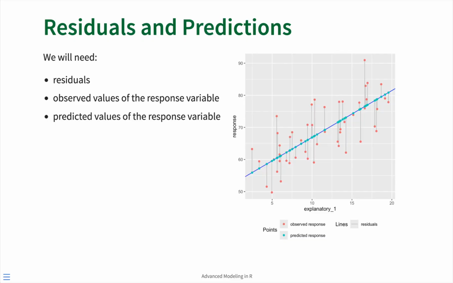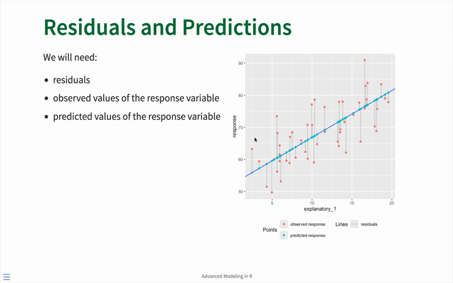You can see these three quantities illustrated here in this two-dimensional graph. The observed values are the y values, the response values of the original data points, the red points, where these points truly fall on the y-axis.